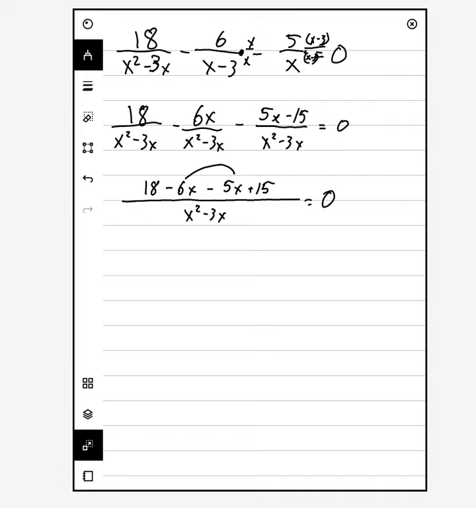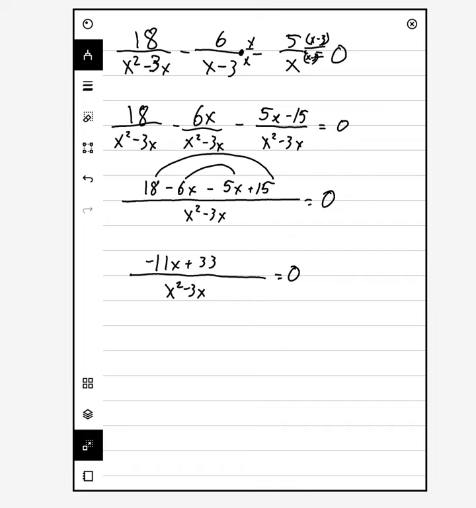So that means these guys together, and these guys together. And then let's order it with the x's first. So let's rewrite it like this. Minus 11x plus 33, over x squared minus 3x. Actually, we're good here. Let's just say like that, equals 0.